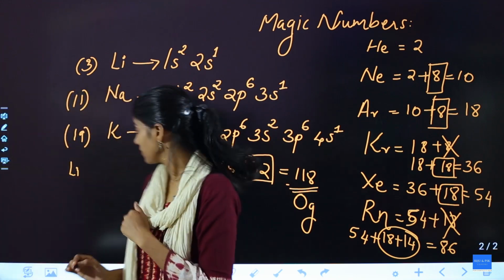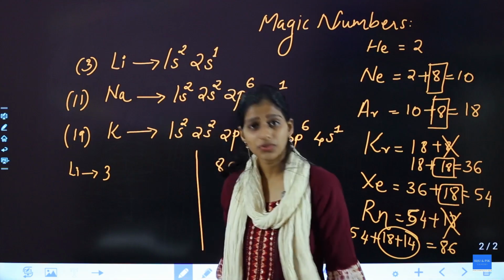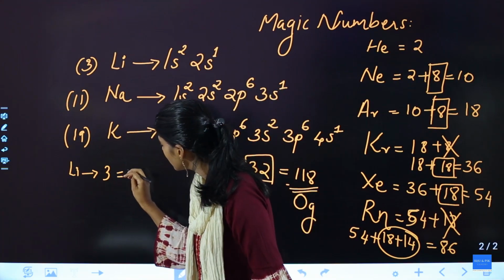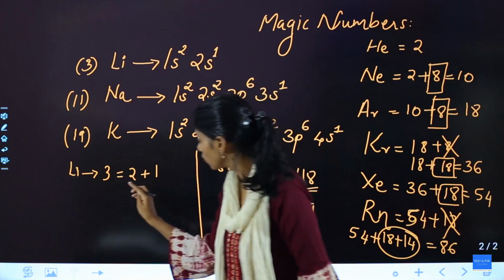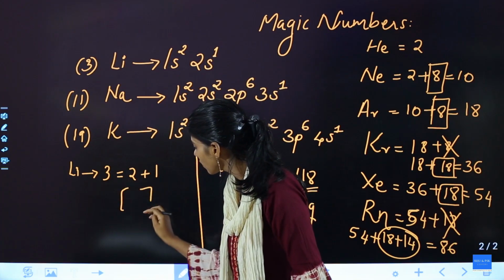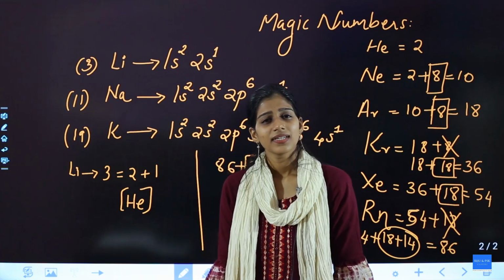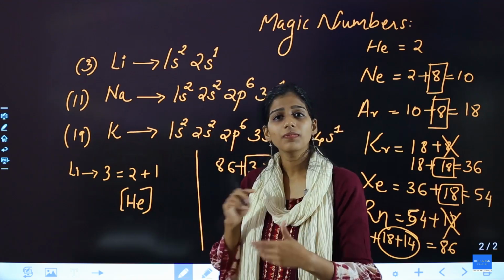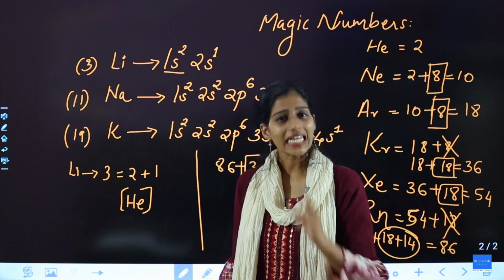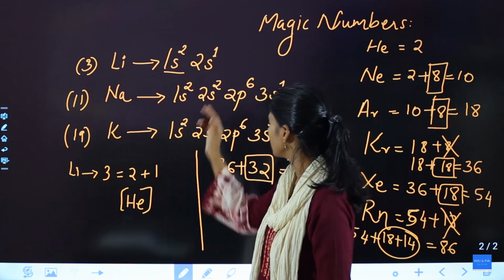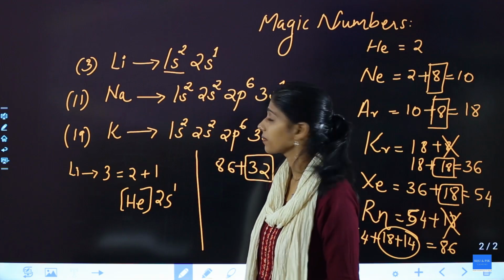Lithium is having an atomic number 3 which is actually 2 plus 1 and you know that 2 is the atomic number of helium. So, after helium there will be one more electron. So, 1s2 is the electronic configuration of helium. So, you can write this as helium 2s1.